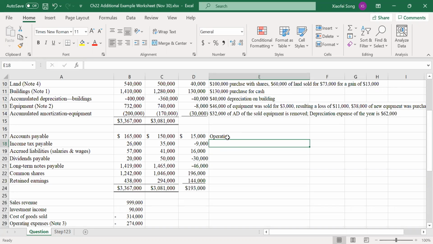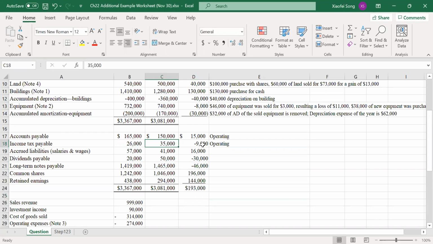It's an operating expense, so the cash paid for taxes is operating cash flow. Okay, so this again is operating. Here the income tax payable reduced by $9,000 means tax paid is $9,000 more than tax expense in the income statement. Make sense?